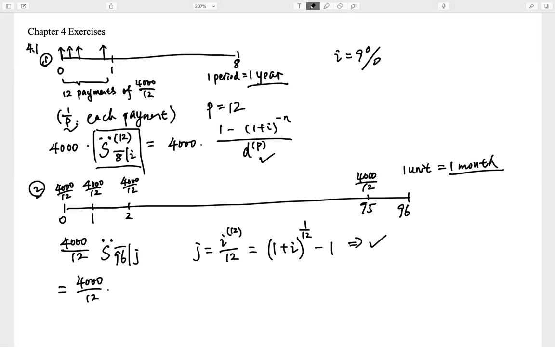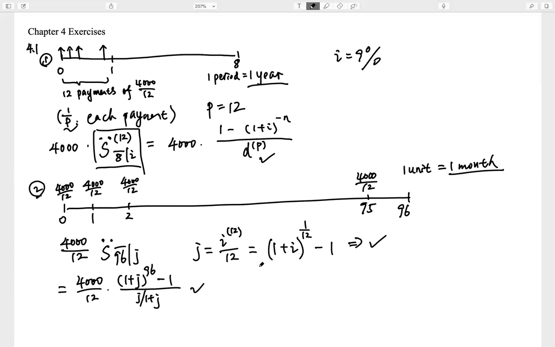The accumulated value would be 1 plus j, okay, it should be j, because j is now the effective interest rate. The number would be 96 instead of 8, because now the unit is 1 month and I have a total of 96 months. And because this is an annuity due, I'm supposed to put d for the denominator, and d in this case will be j over 1 plus j. And from there you can easily solve.